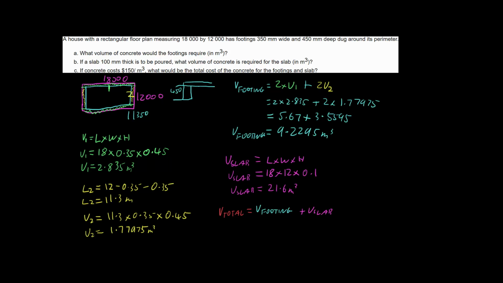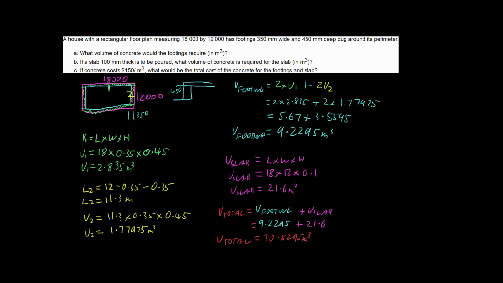So we're going to have our 9.2295 and add on our 21.6, and that will give us our total volume. So our volume total is our 9.2295 plus 21.6, which gives me a total volume of 30.8295 meters cubed.